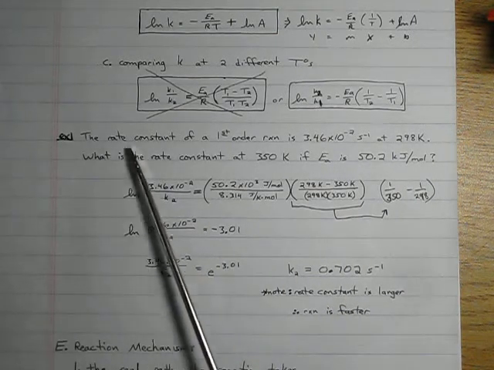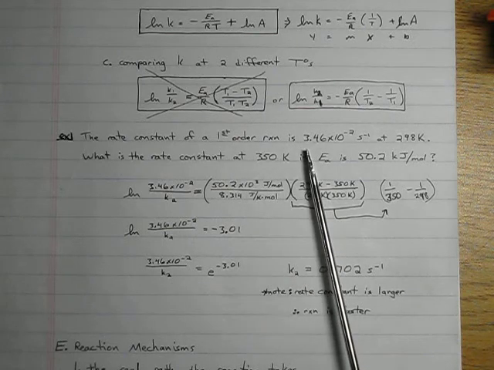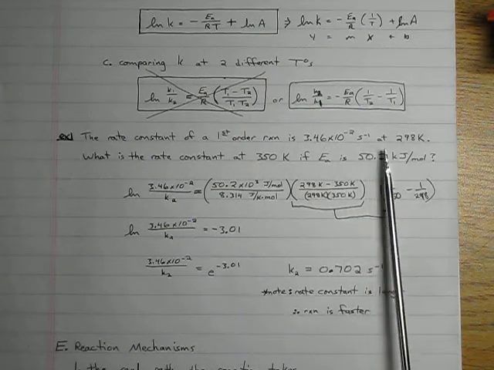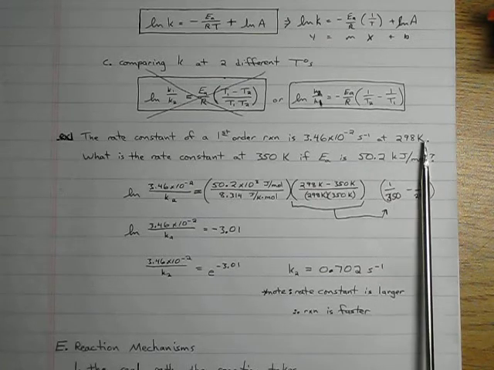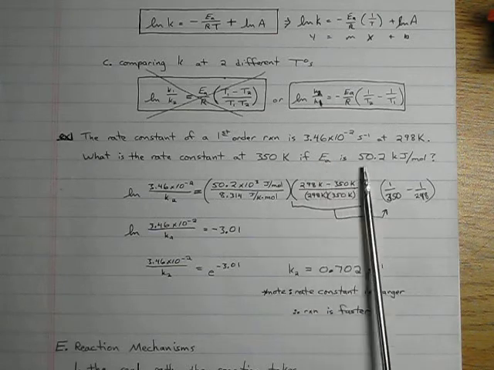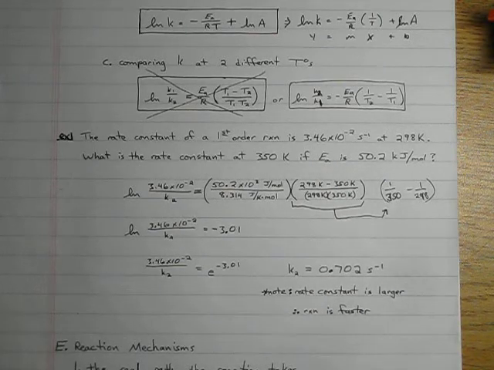But here's an example. The rate constant for a first order reaction is 3.46 times 10 to the minus 2 per second at 298 Kelvin. What's the rate constant at 350 Kelvin if the activation energy is 50.2 kilojoules per mole? So when you work this out, first thing we can notice is we've increased the temperature.